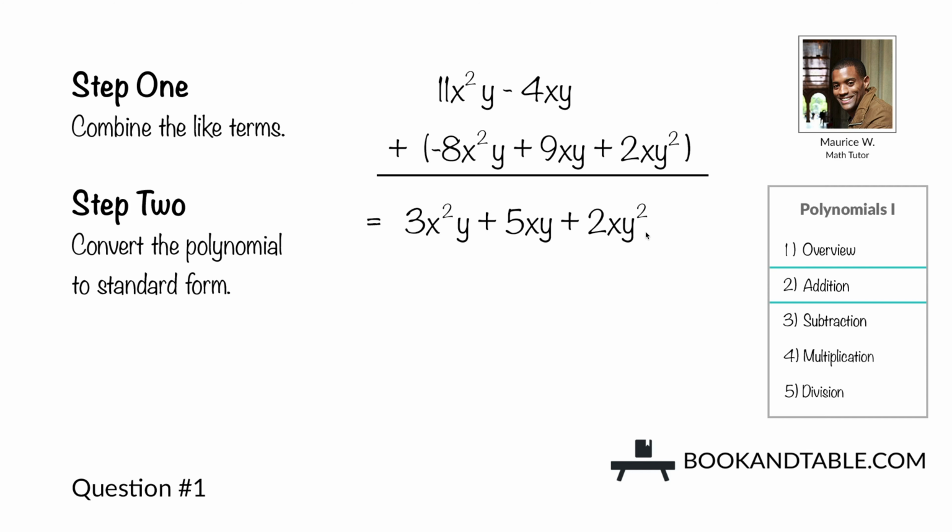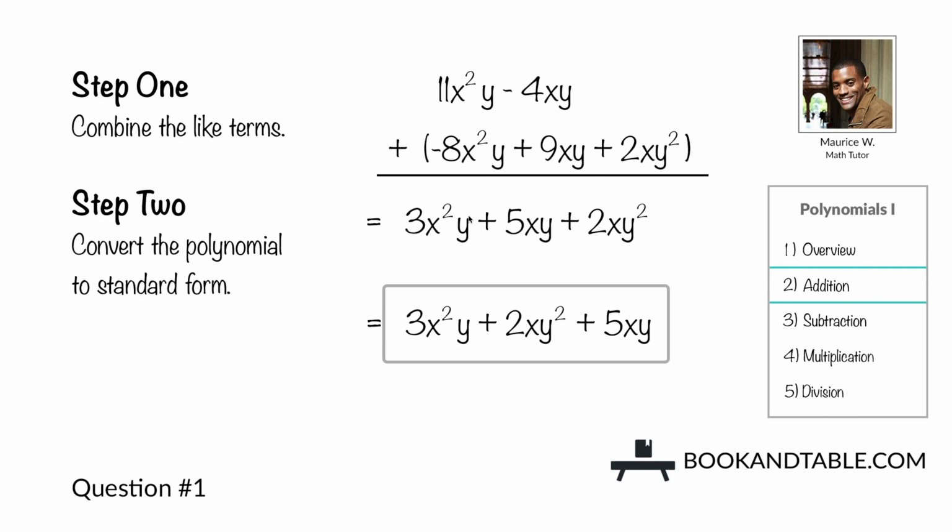the polynomial to standard form. So this term has a degree equal to 3. 2 plus 1 equals 3. This term has a degree equal to 2. 1 plus 1. And this term has a degree equal to 3. 2 plus 1.